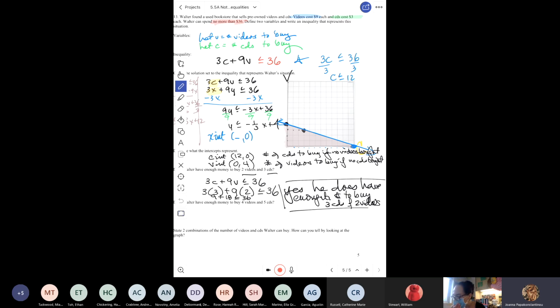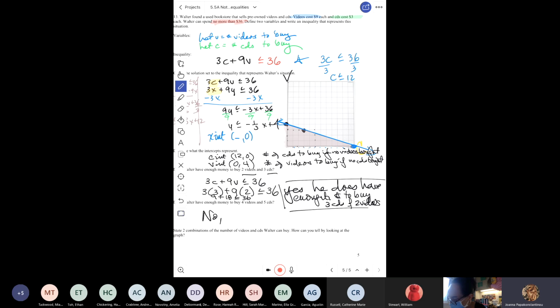Does Walter have enough money to buy 4 videos and 5 CDs? No. Now, I could do that algebraically, but I could also come to the graph and see if it's true. I could come to 5 CDs, 1, 2, 3, for 5 CDs and 4 videos, 1, 2, oh no, he's out of that solution set region.